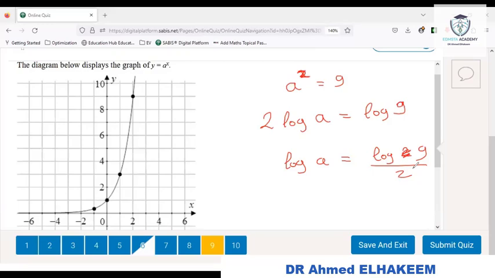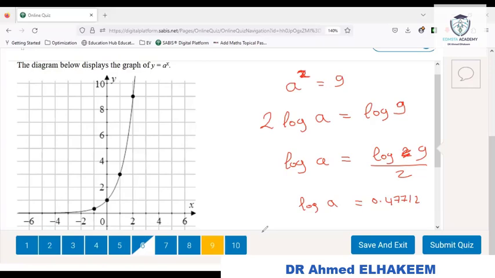Can you use the calculator to find log 9 over 2? Log 9. You will find a very big number, 0.47712. So log A equals this number. Now, shift log this number on your calculator. What do you find? 2.99.